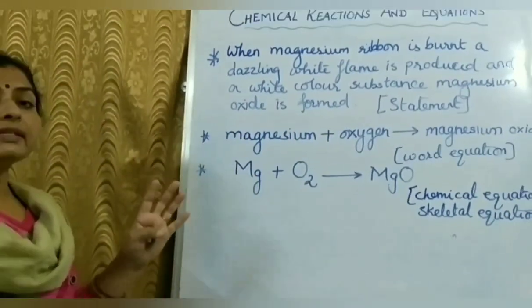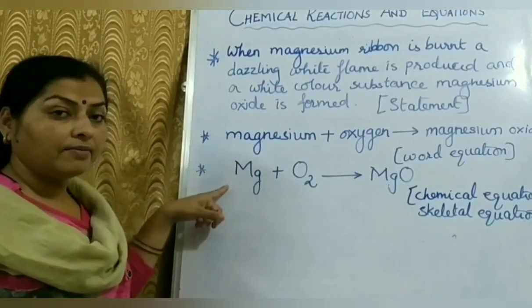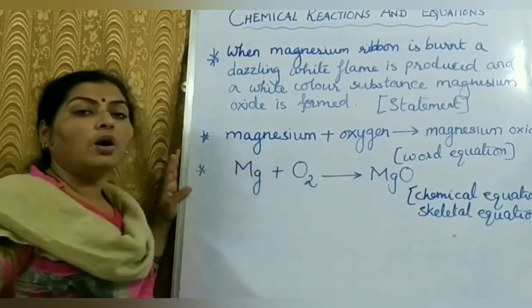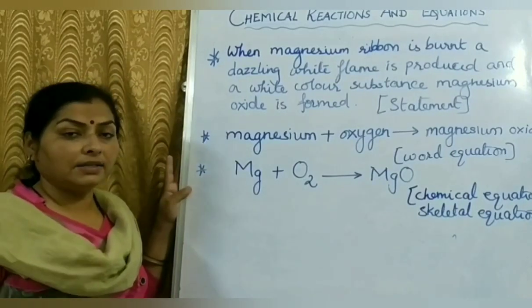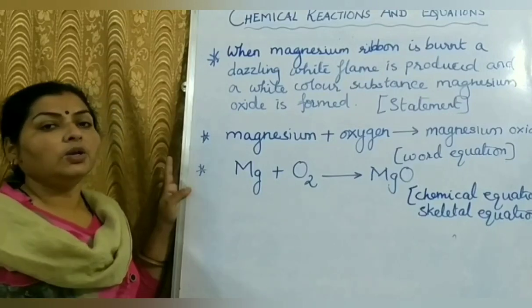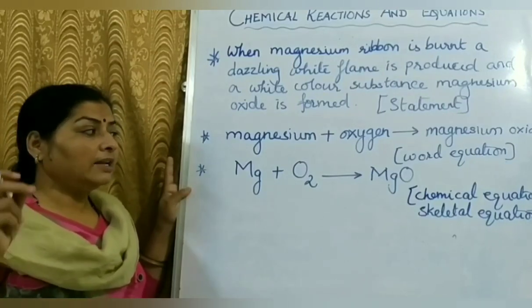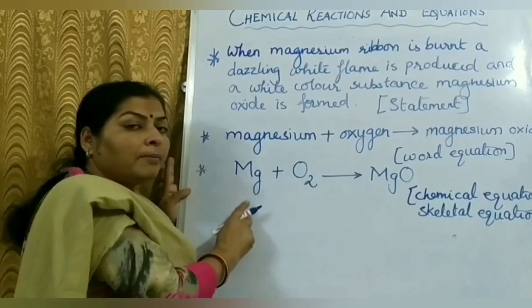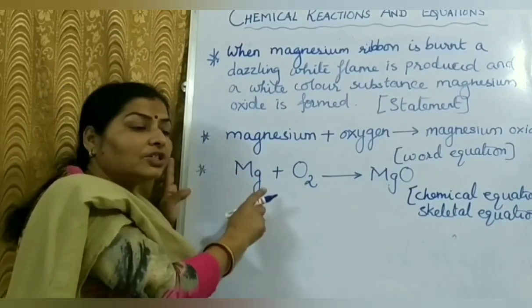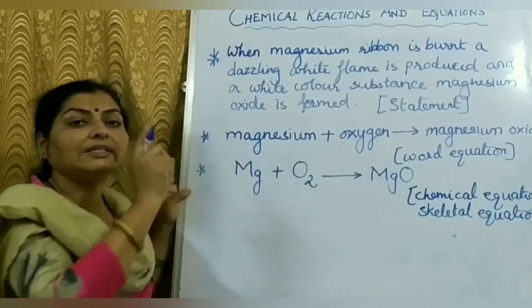Now what is the necessity of making these atoms on both sides the same? Because the law of conservation of mass states that matter can neither be created nor destroyed. So what does it mean? It means that the total number of atoms of each type on both sides of the reaction should be the same.